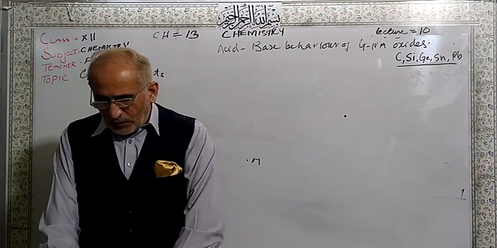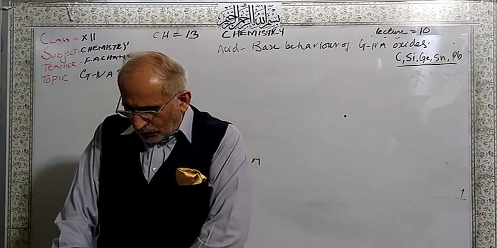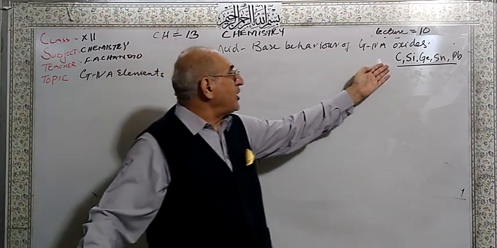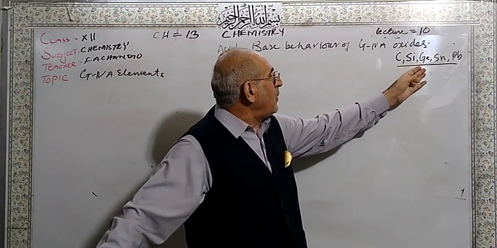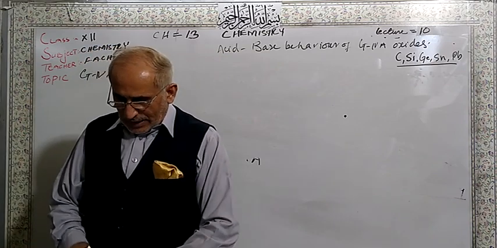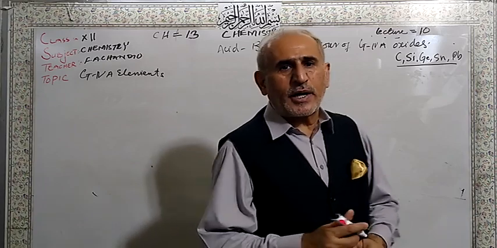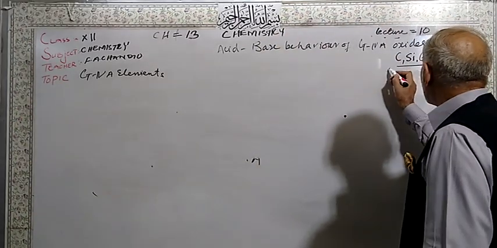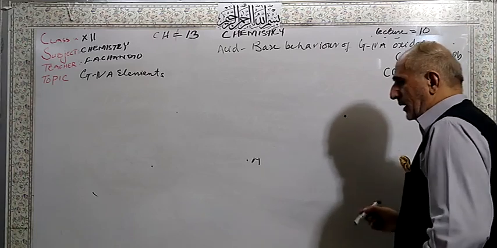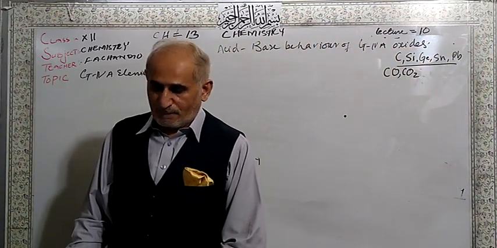The trend of the oxides of group 4, from top to bottom, is acidic, then amphoteric, and then basic. Carbon has two oxides, carbon monoxide and carbon dioxide. We already did the structure of these two oxides.